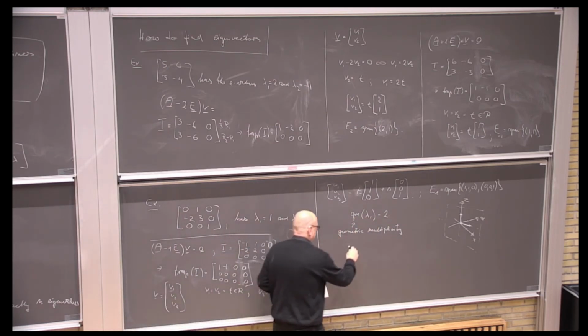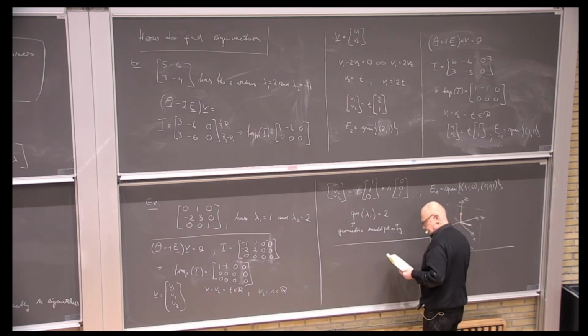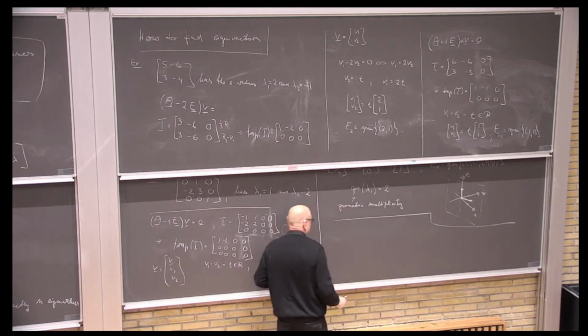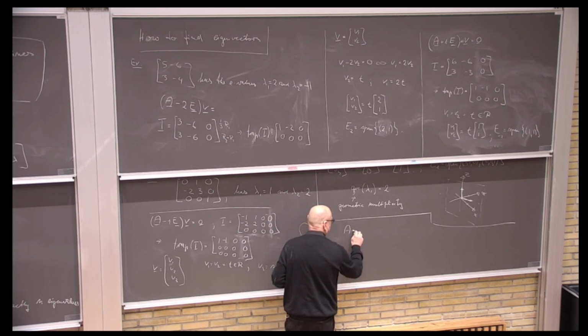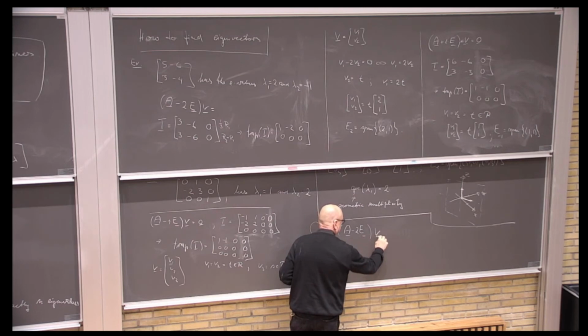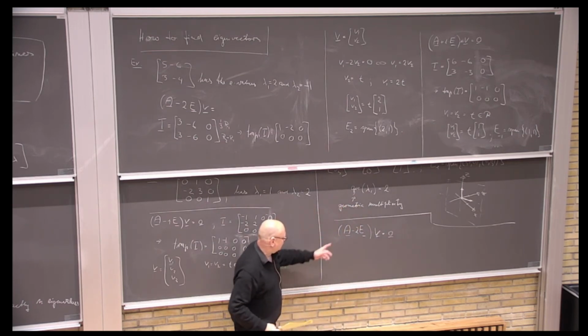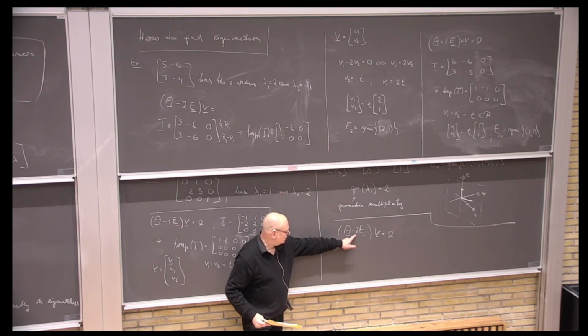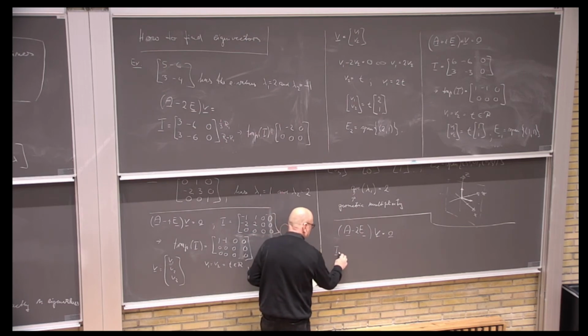And let me just find, if the eigenvalue is 2, then you should solve this equation, A minus 2I times v equal to 0. Now I have put in the other eigenvalue, and I write down the augmented matrix.